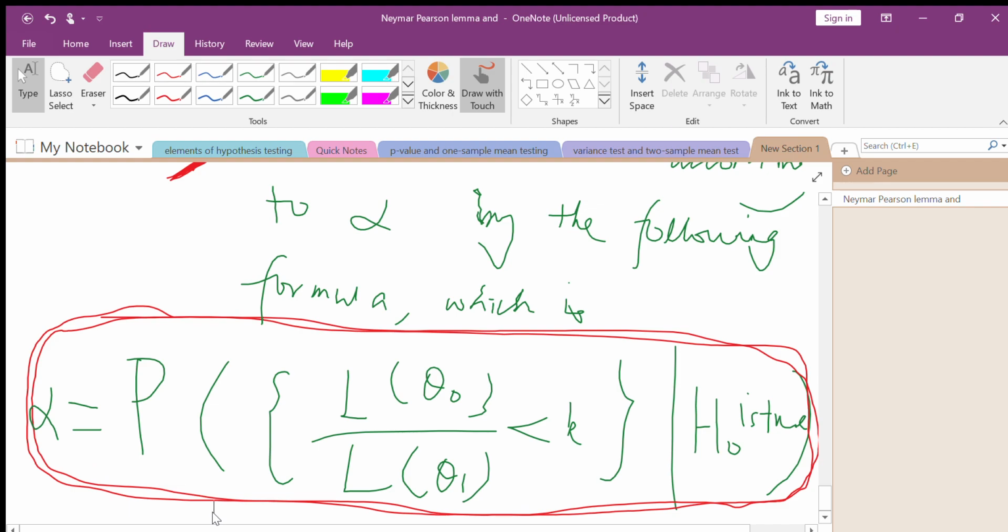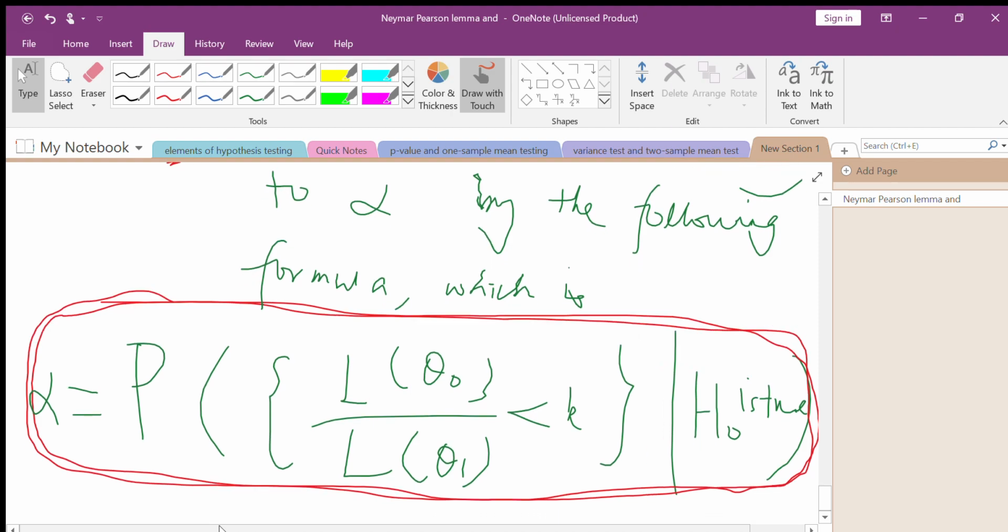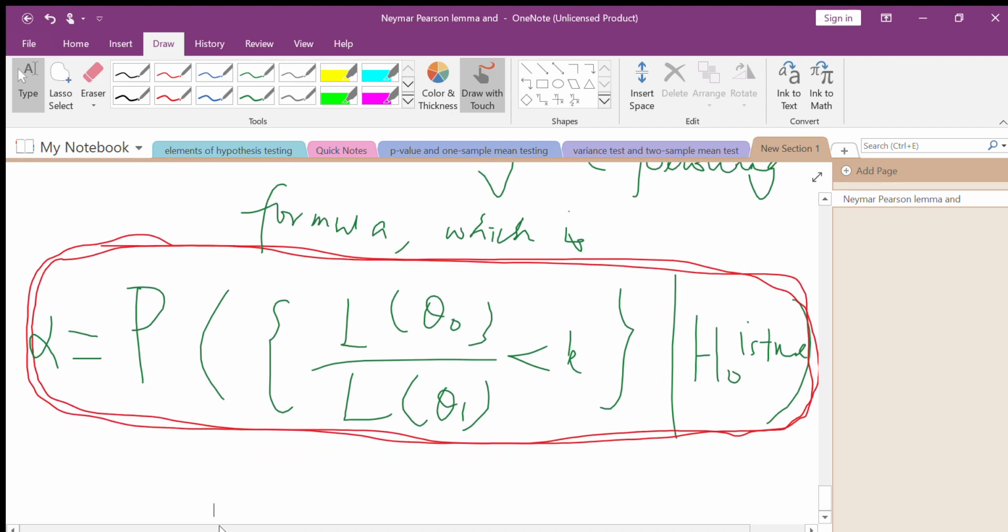So maybe you forget what the likelihood function is. So let's do a quick review of the likelihood function.